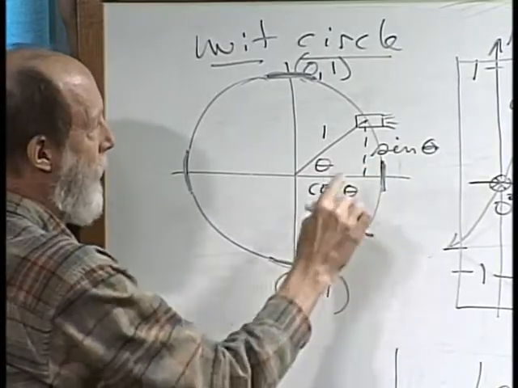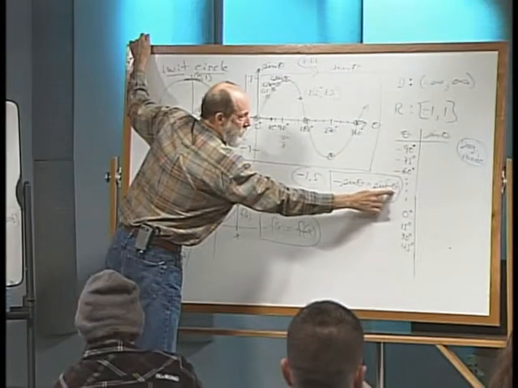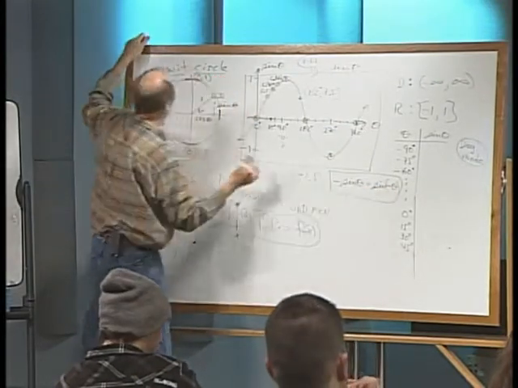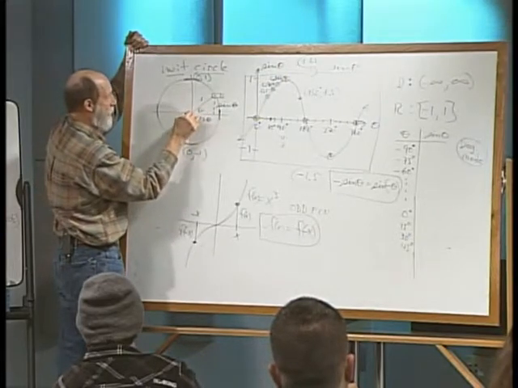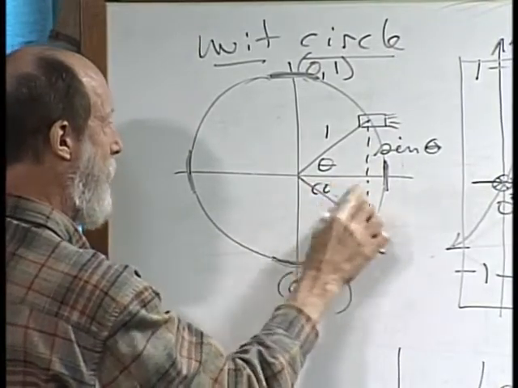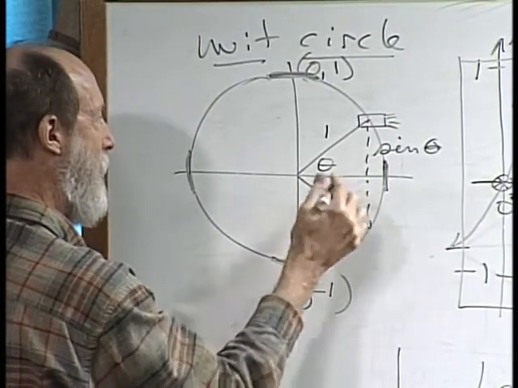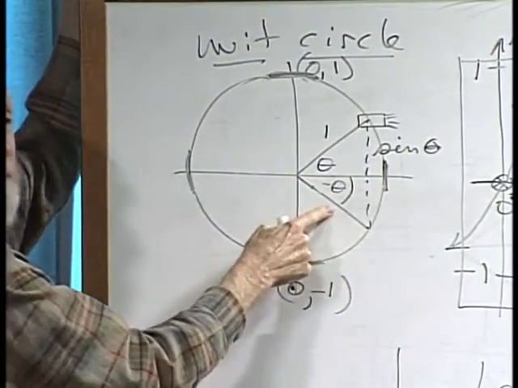If I instead went to negative theta, where would it be on this picture? It would be right down here, wouldn't it? Let me erase the cosine. Wouldn't it be right here? Wouldn't that be that measure?